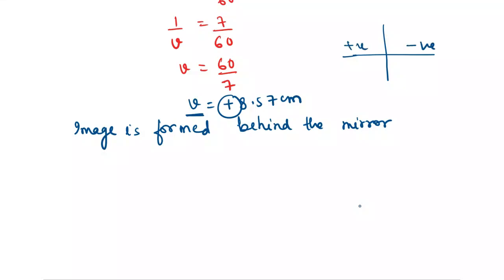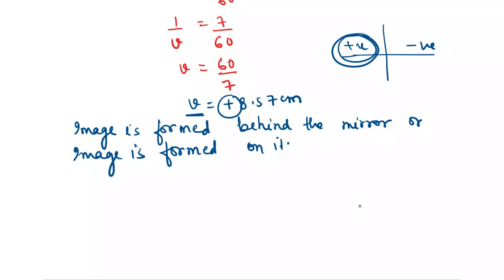So if the image is formed behind the mirror, that means the image distance is positive, that means the image is formed on the right side.